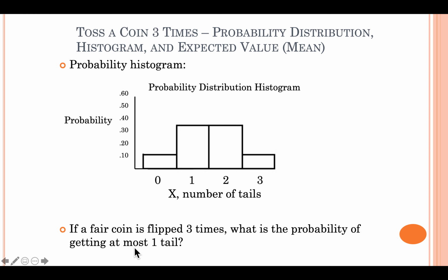The probability of getting at most 1 tail is the same as the probability of getting 0 or 1 tail, adding them together. So at most 1 would be the sum of 0.125 and 0.375. That probability is 0.5 or 50%. And that's how you would answer a probability question based on flipping the coin 3 times.